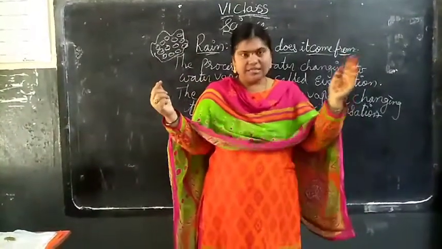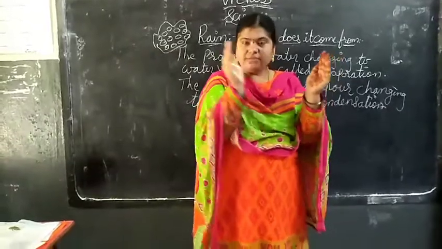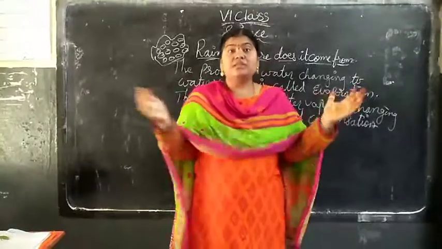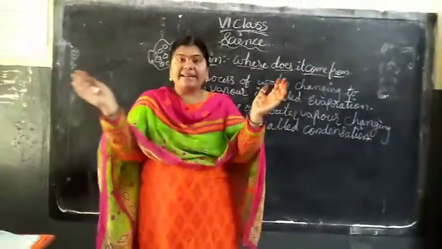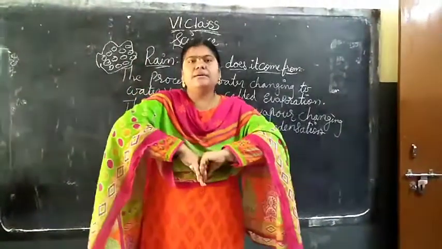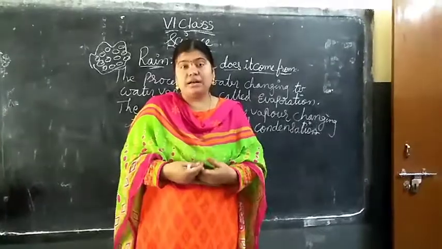You can see that this is one cloud, and this is another cloud. I told you that they will move from one place to another. When this cloud comes and touches that cloud, when the two clouds collide with each other, the cloud will burst and form rain.